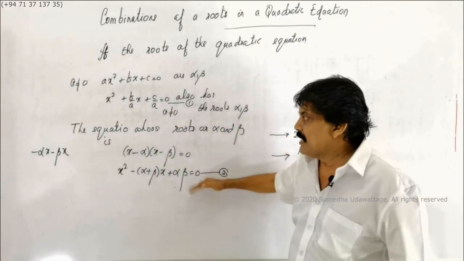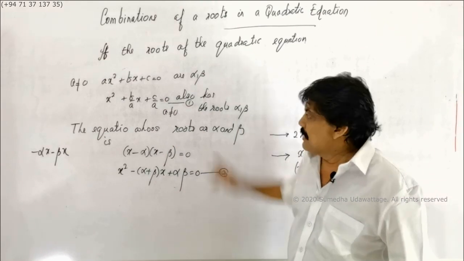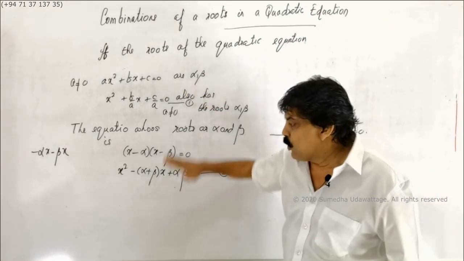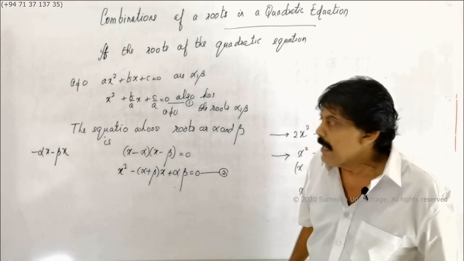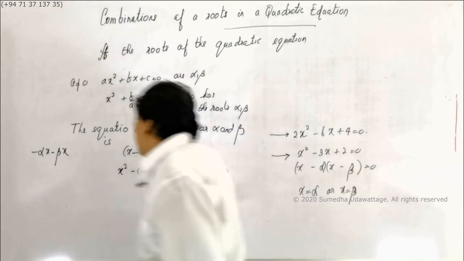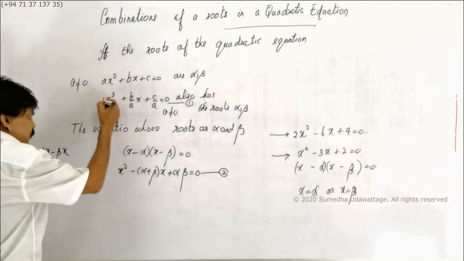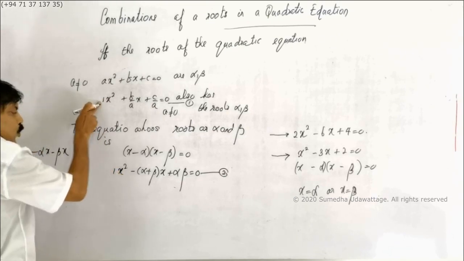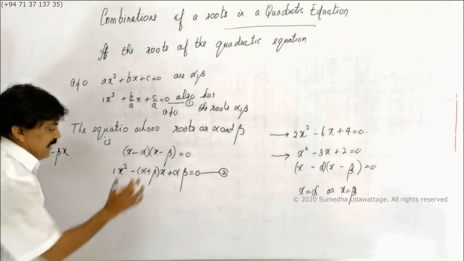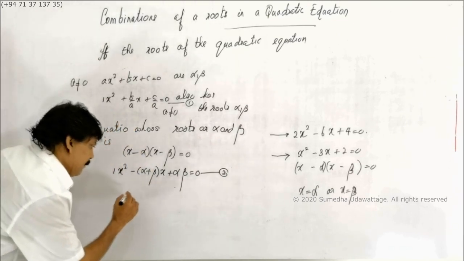Since the roots are the same, the two equations have to be the same. Comparing coefficients, the coefficient here is 1, the coefficient is 1. Since these two coefficients are equal, the other coefficients also have to be equal.